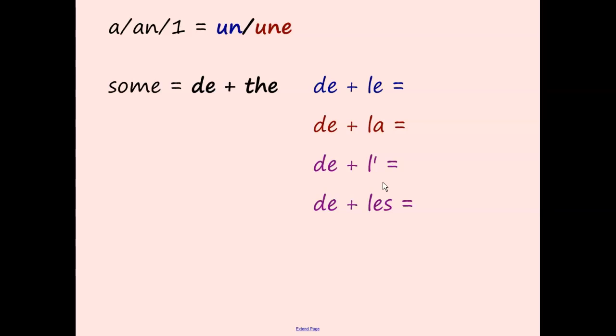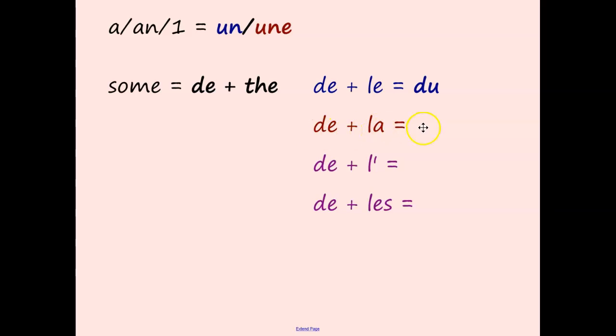So what I want you to do is stop here and think about what do those words become when we put them together. De le, of the, we don't like the sound of the de le together. And so what happens is these two smush together and they become du. So that word should be familiar to you. So in front of a masculine word, we're going to use du to mean some in the sense of less than one.